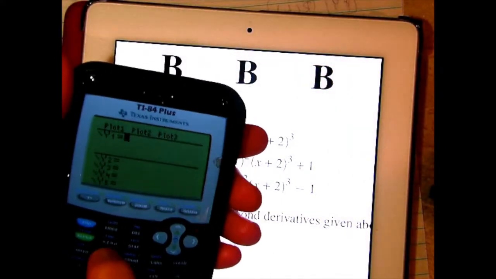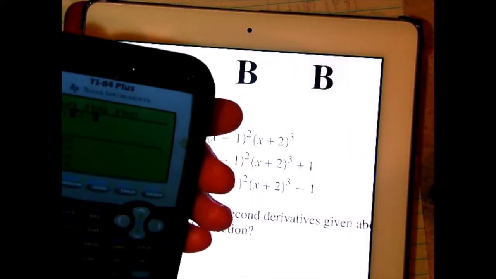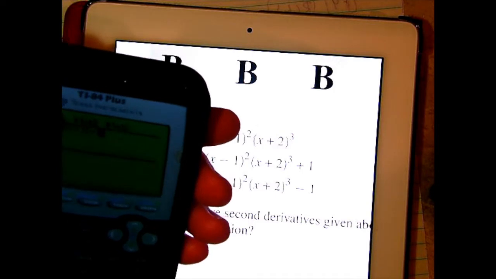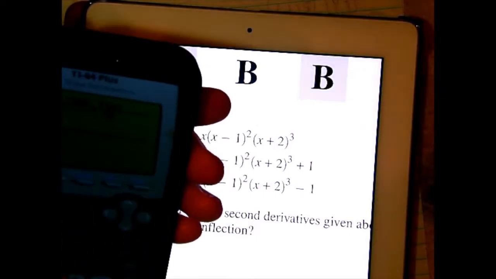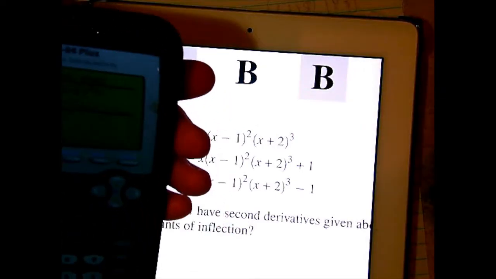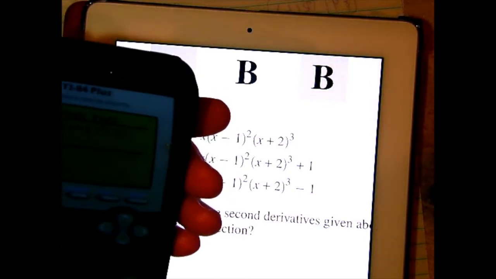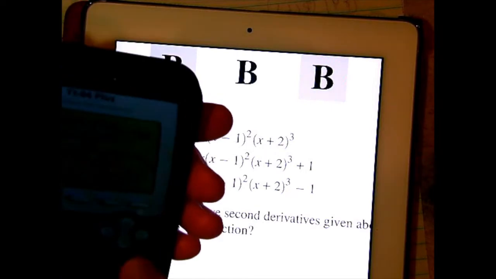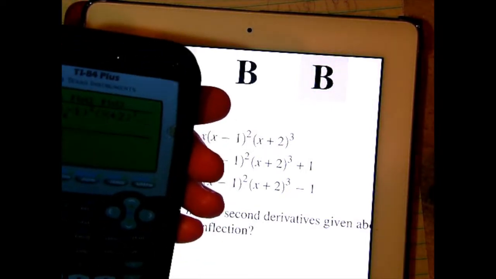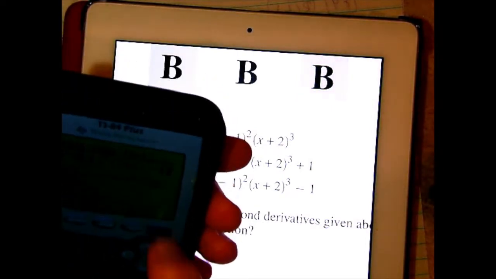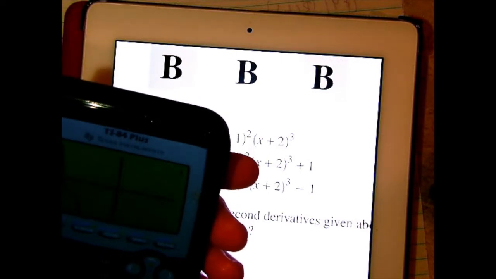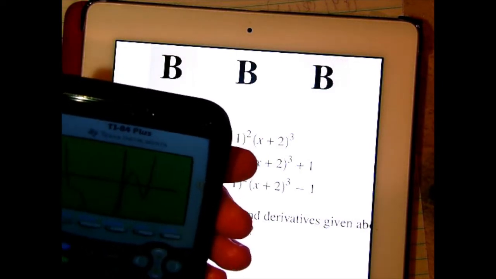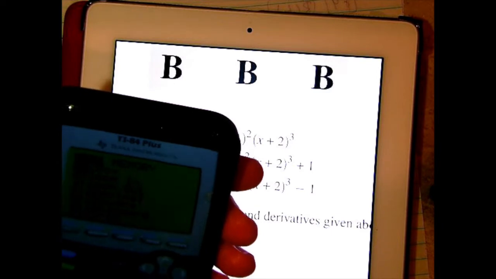So I'll type in this function, x times x minus 1 quantity squared times x plus 2 quantity to the third, and then -1, and I'll have a look at the graph. I think I'm going to want to zoom out a bit more. Let me go to zoom standard.